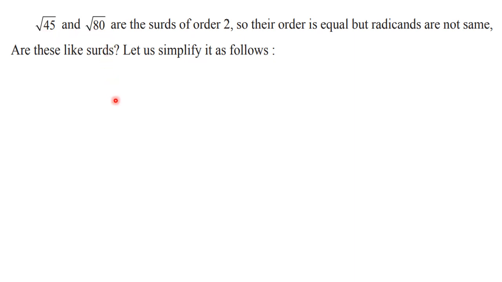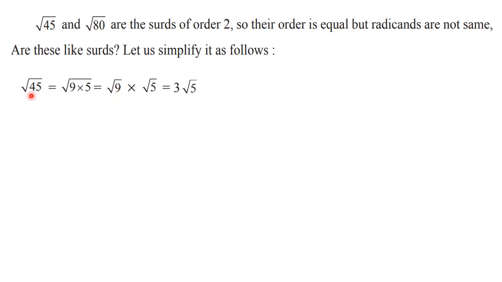But just now we have seen the simplest form of the surd. If we have such big numbers inside, we always need to convert these surds into the simplest form, and only then can we decide whether they are like surds or not. So let us express this in the simplest form.